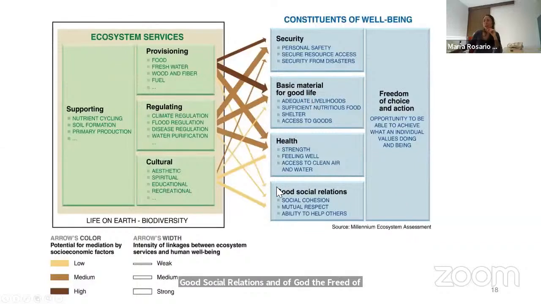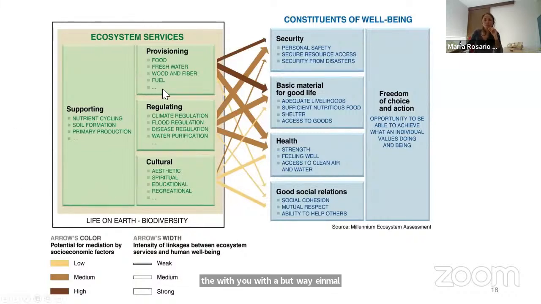I would highlight that especially the links between ecosystem services, biodiversity and health are becoming increasingly understood, and this is an interesting research pathway.